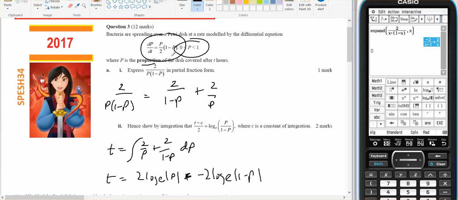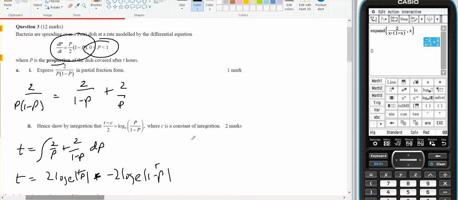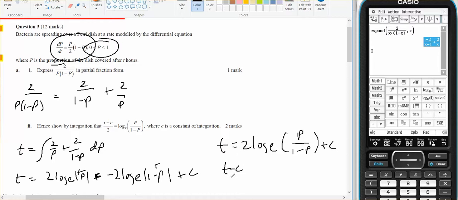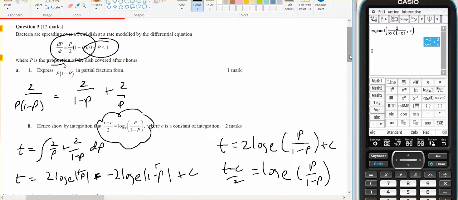I know that p is between 0 and 1, so that's always positive and that's always positive, so I can drop the modulus signs. Then t equals 2 log base e of p on top of 1 minus p plus c. So move the c over, (t minus c) on 2 equals log base e of p over 1 minus p. And that's exactly what they asked me to show.